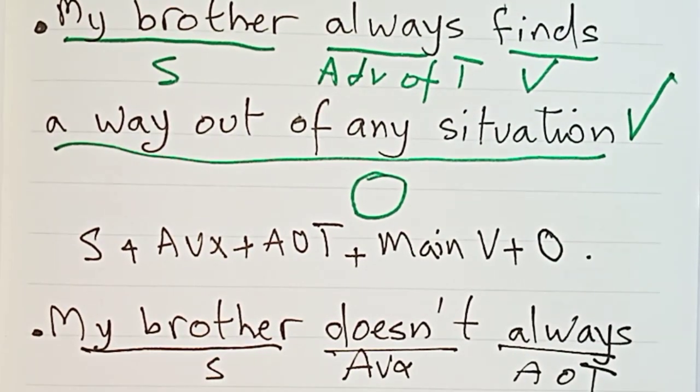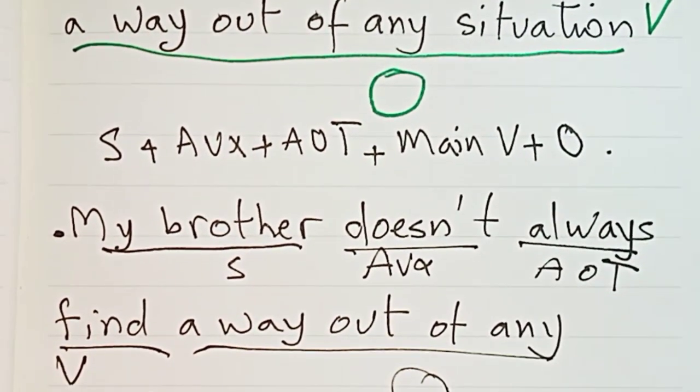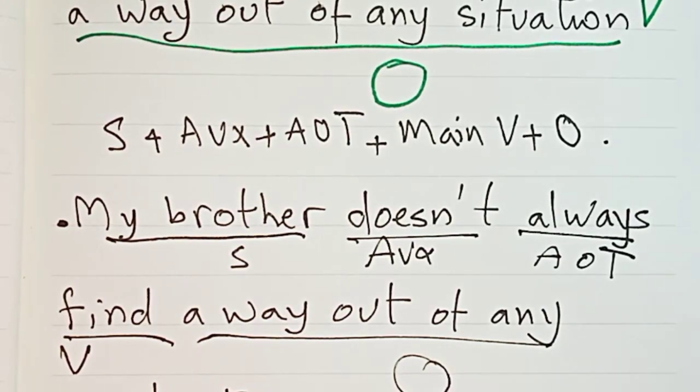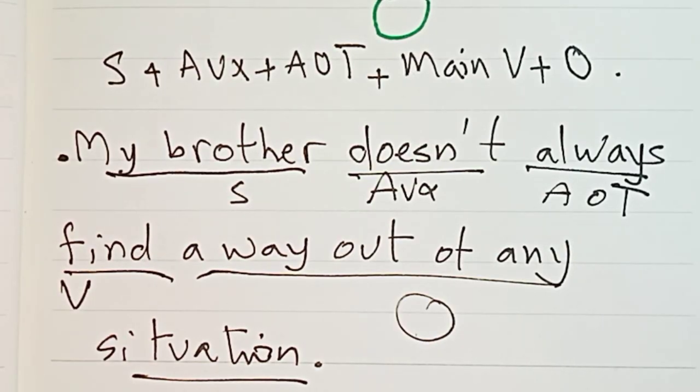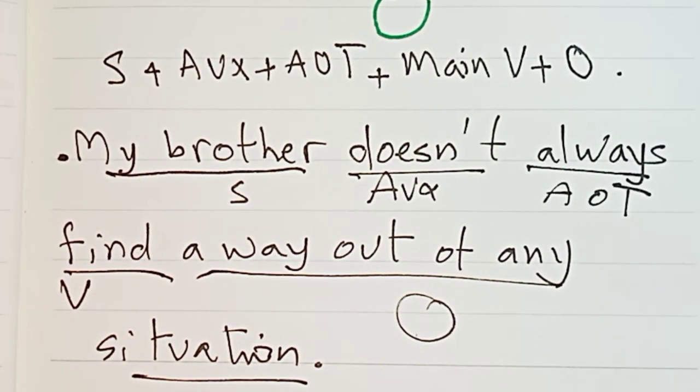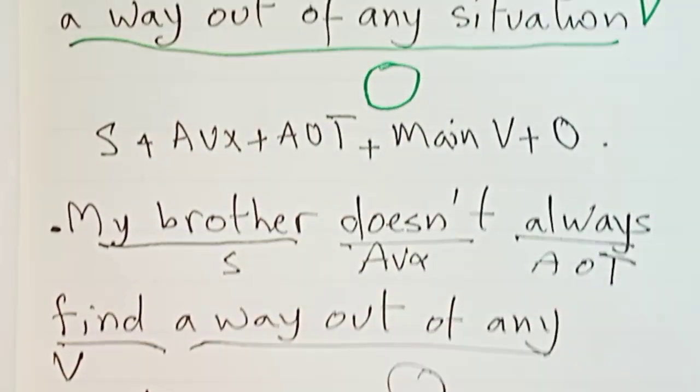And see how we place the adverb of time after the auxiliary verb when it's negative. My brother doesn't always find a way out of any situation. All right?